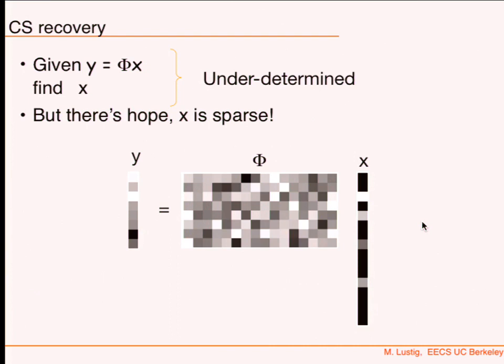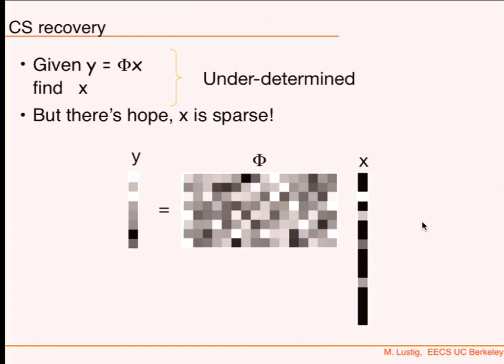And I'm going to have an 8 by 4 matrix, which is going to be actually thin, multiplying a 4-length vector, which I don't know what it is. So if I knew where the non-zeros are, then I know I'm going to get a good solution. But this is not the case.